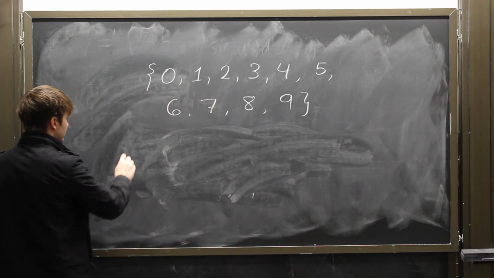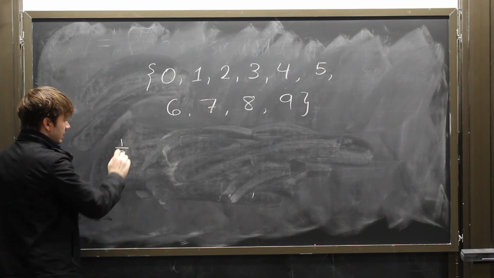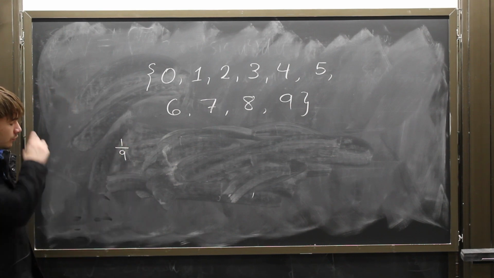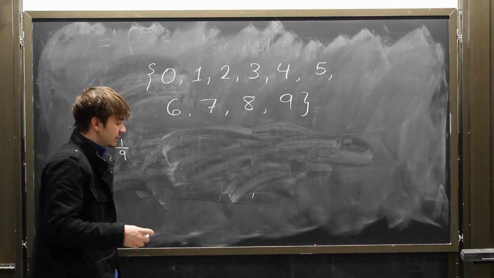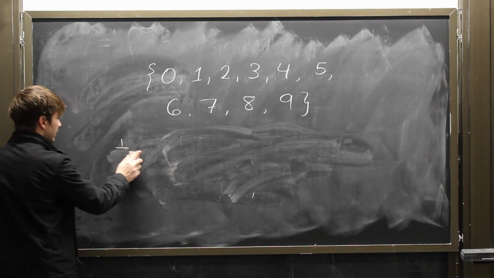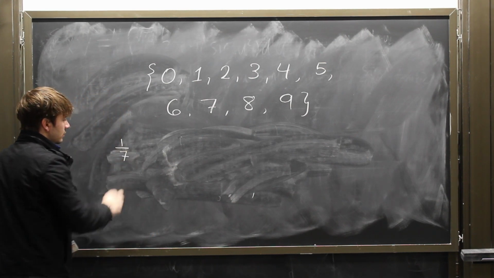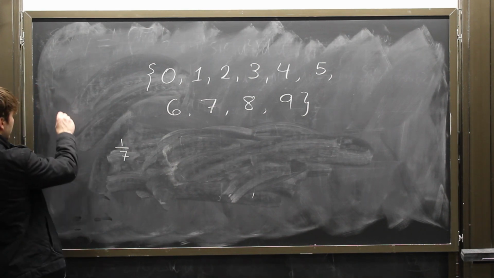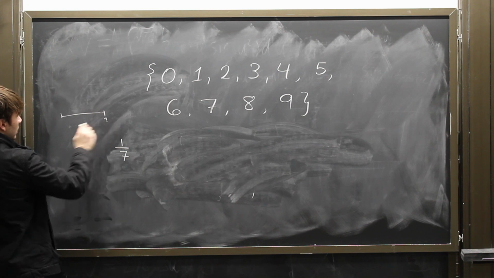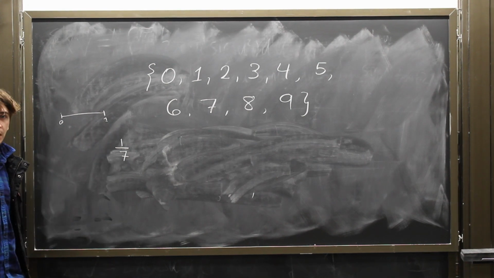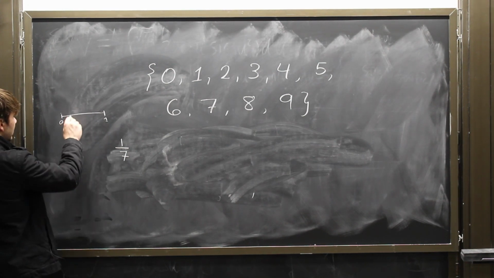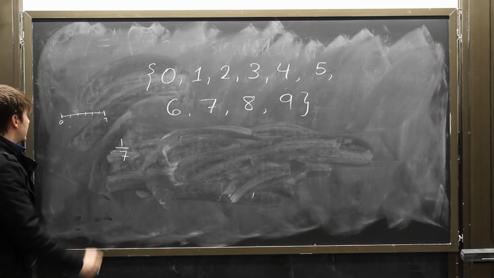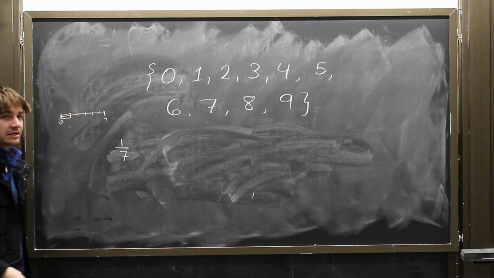If I instead looked at something like 1/9. What is 1/9? Well, actually, let's do 1/7 for clarity. Okay. So 1/7, geometrically speaking, I'm simply taking a line of unit length and splitting it up into 7 pieces of equal length and asking what is the length of each one of these pieces.